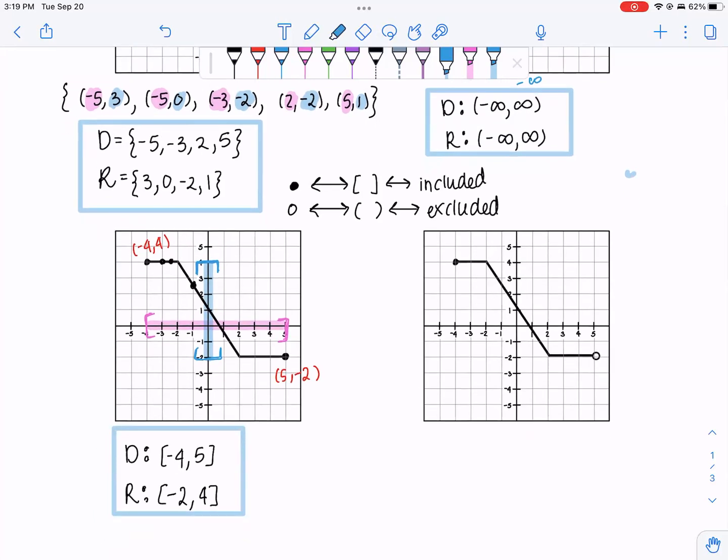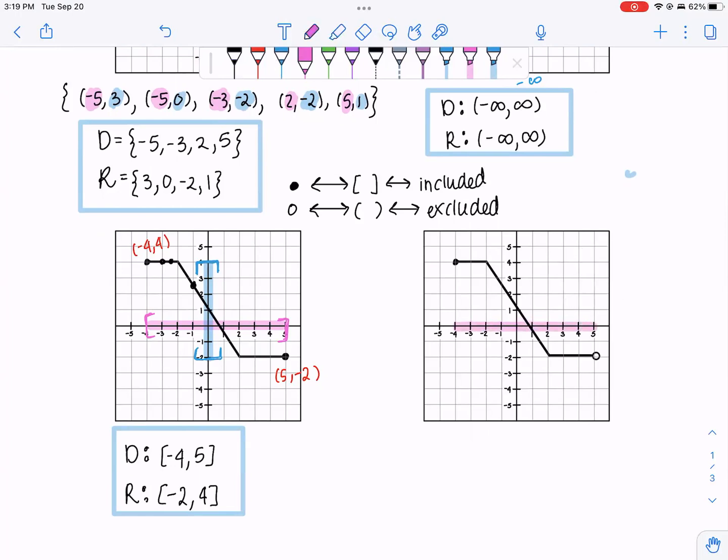Let's look at this same graph, but with a tiny difference. Instead of this point down here being included, it's being excluded, but the entire graph is the same except for that. Our domain is going to be mostly the same.